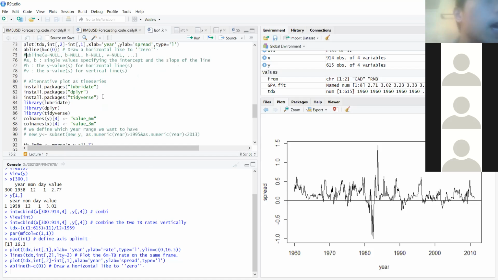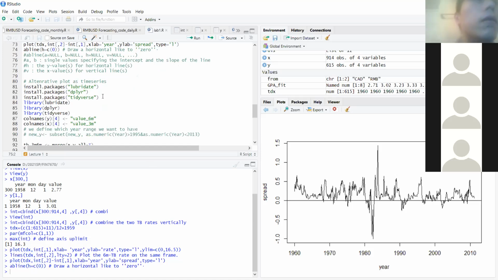Okay. Now some students may ask, okay, so you plot this, you do some math tricks, but I really want to plot in the time series structure or format in RStudio, what can I do? Now you can, but you need some more advanced RStudio functions.